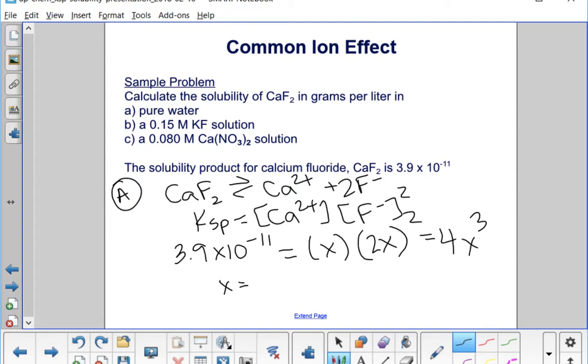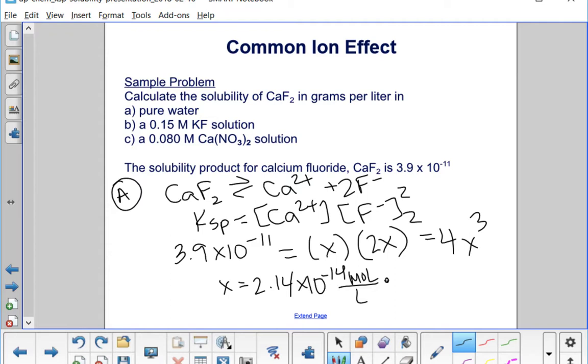And X is our concentration of calcium ion, which is also the lowest mole ratio. So in this case, we're going to do molar solubility and then find it in grams per liter. So I solve for X here. I get 2.14 times 10 to the minus 14. Now this is moles per liter.